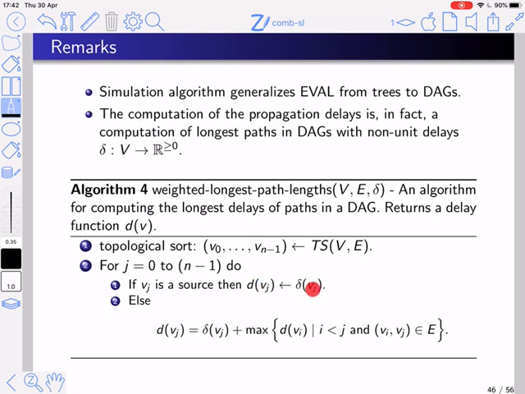In our case, delta of Vj, because it's an input gate, had a value of 0. Otherwise, you look at the inputs that feed Vj, so you take the maximum over all the i's that have a directed edge entering Vj, you take the maximum of their delay, and you add to it the local delay of Vj, and that gives you d of Vj.